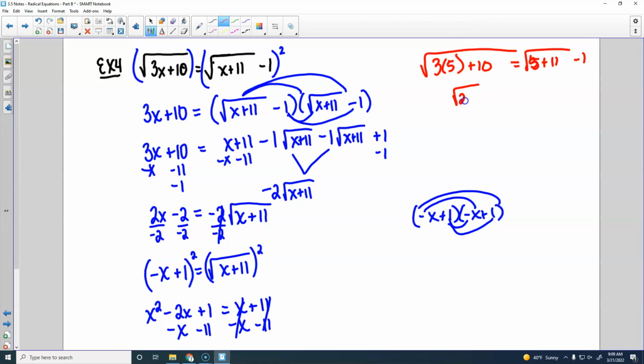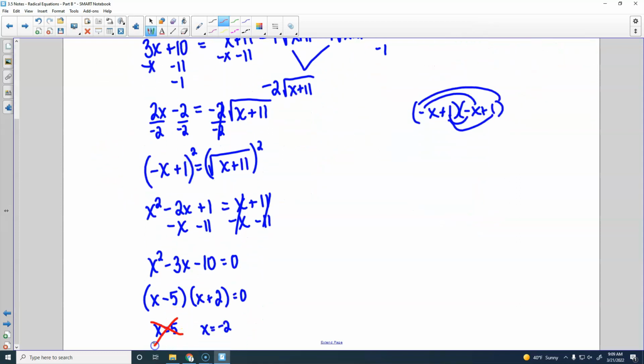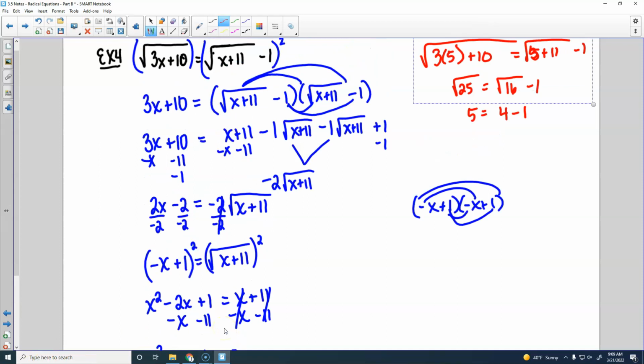So this is going to be square root of 25 equals square root of 16 minus 1. 5 equals 4 minus 1. Does that equal? No. So 5 looks like it should be an answer, but it is not. It's an extraneous solution.